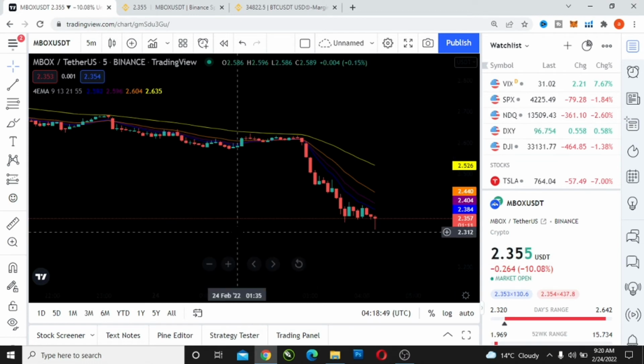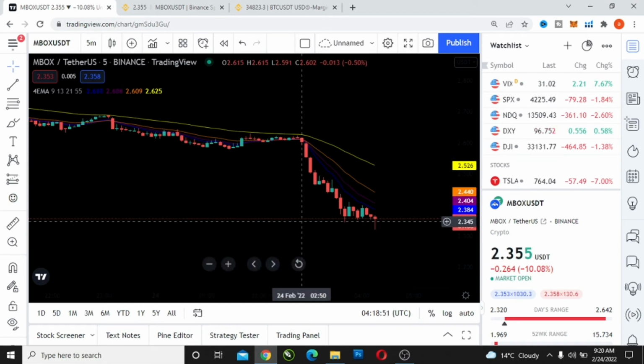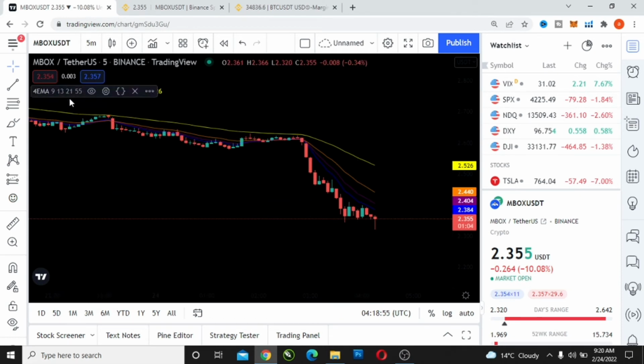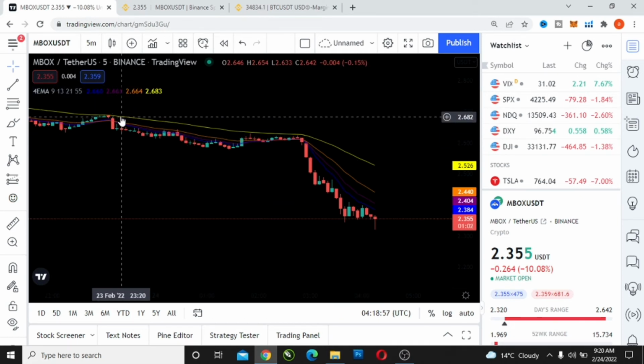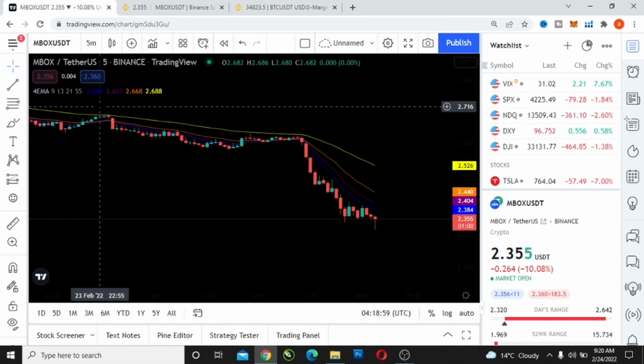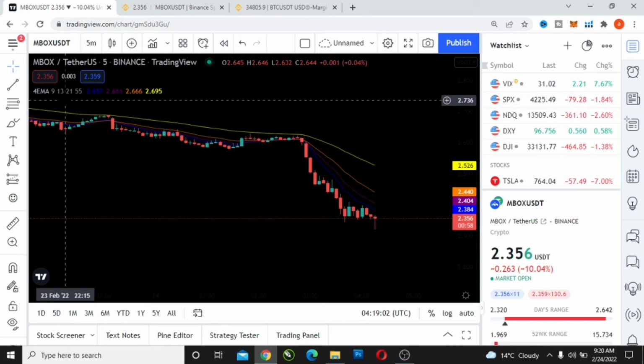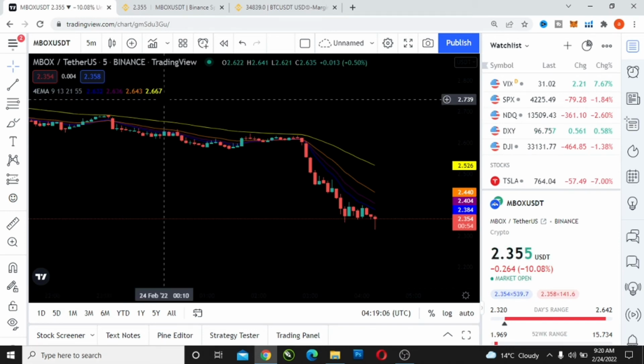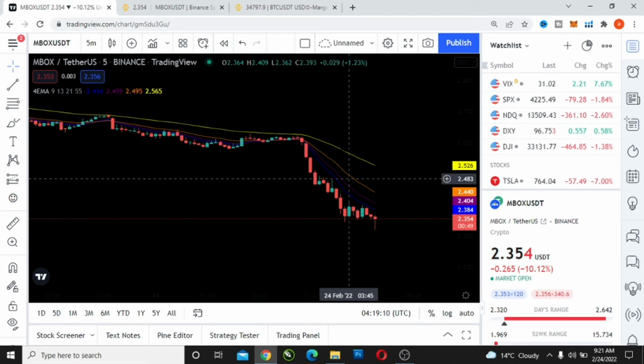If you closely see them, this blue line has an EMA strength of 9 as mentioned over here. Then the purple line has a strength of 13. Likewise, the orange line has a strength of 21 and the yellow line is 55. So these lines show the EMA values.